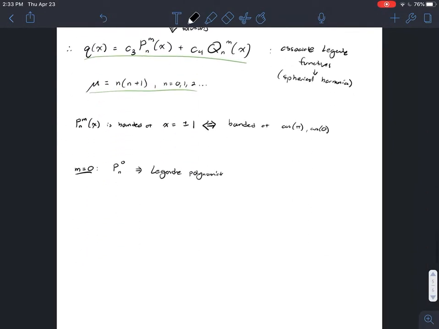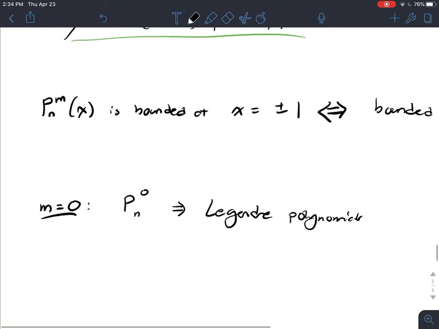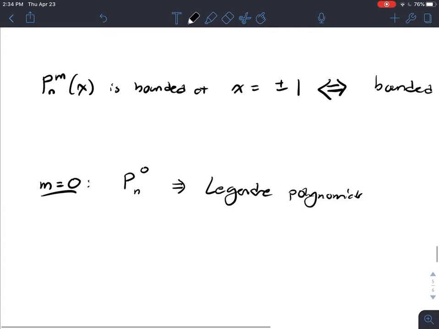If we go all the way back down, Q is actually not bounded at those points, whereas P is. Therefore, we choose to keep the P solution because it's bounded at the top and bottom. So P is bounded.